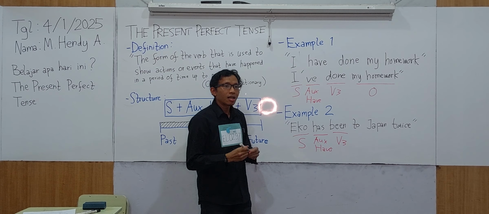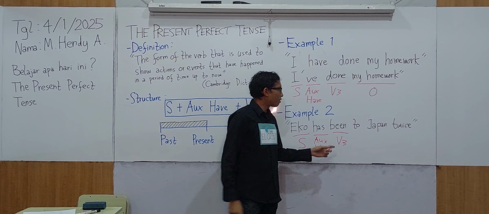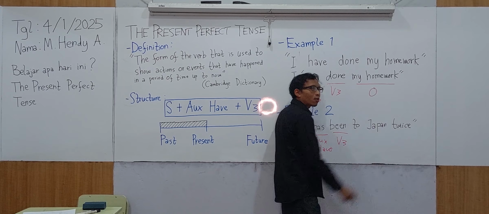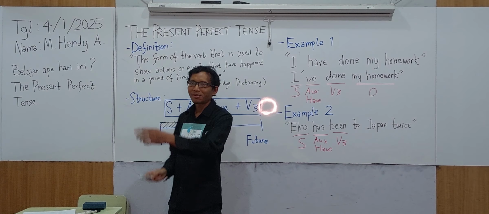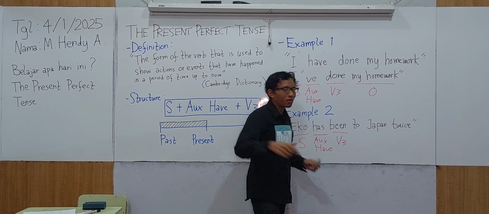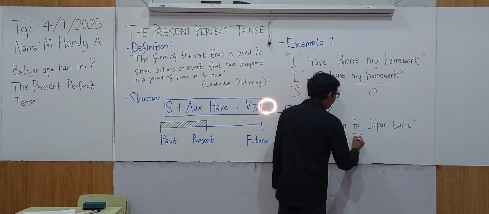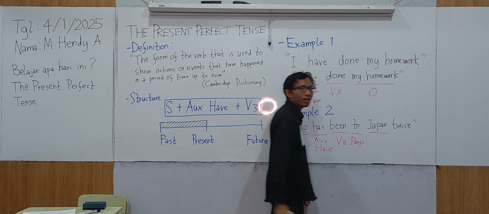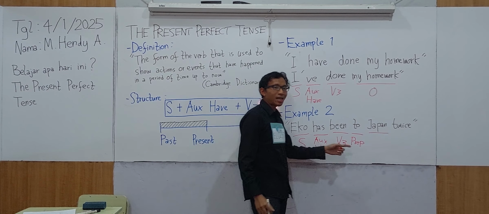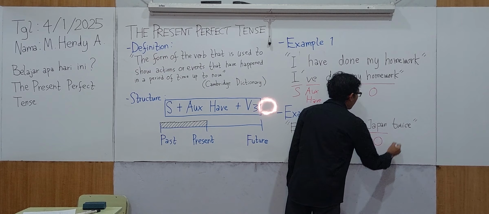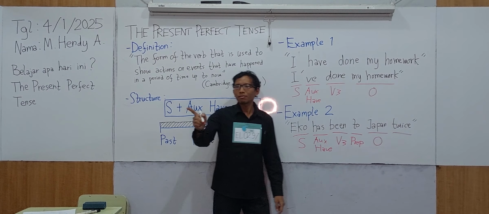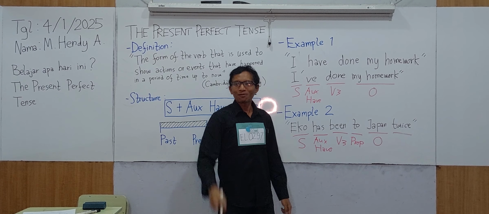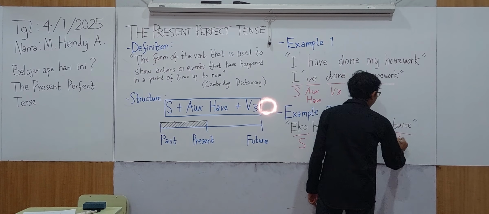Verb 3. Yes, been is the verb 3 form of be. Now, what about this? To Japan twice. To: preposition. That's it. Correct. Japan: object, a noun, right? Twice: adverb. What kind of adverb? Adverb of frequency. Right.